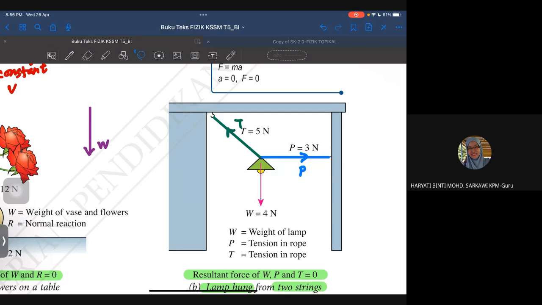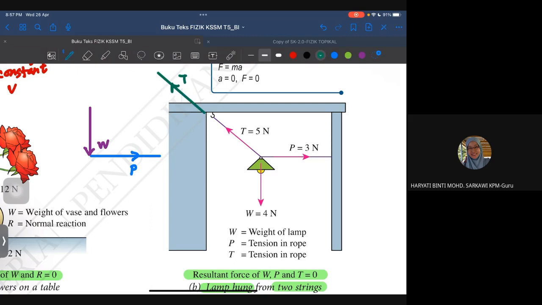Then P, I need to draw at the end of W. If the diagram is drawn to scale, you can see here, T will be drawn at the end of P. Since now it's not to scale, that's why you don't see a closed triangle. So I need to lengthen T. I'll just redraw T. I think I'll remove this first.